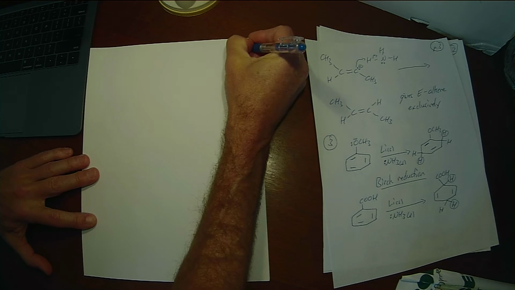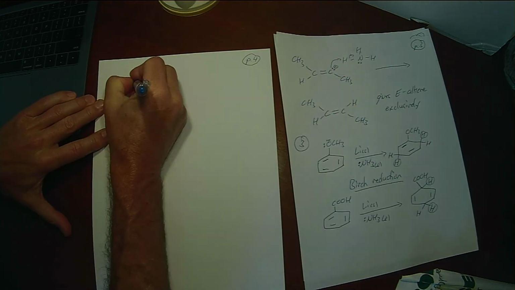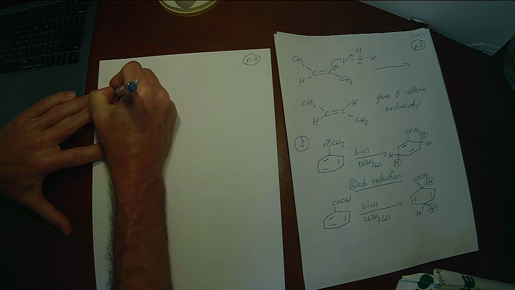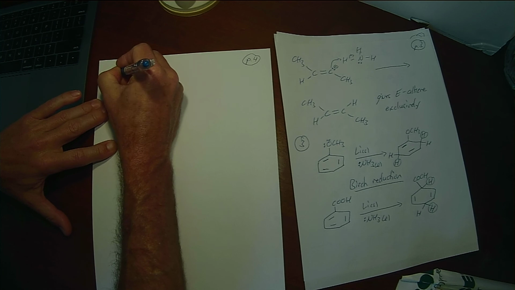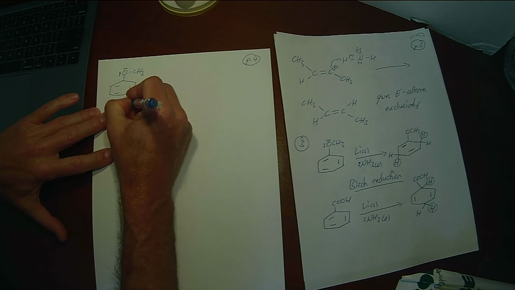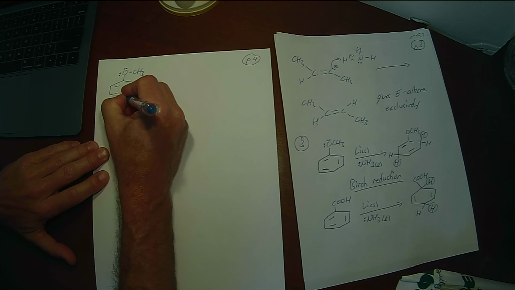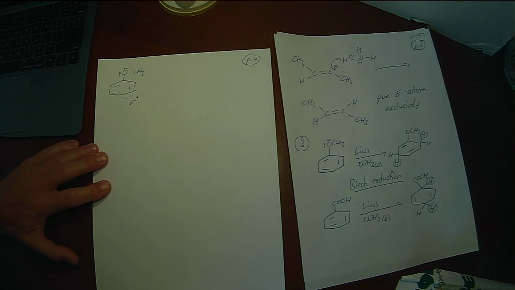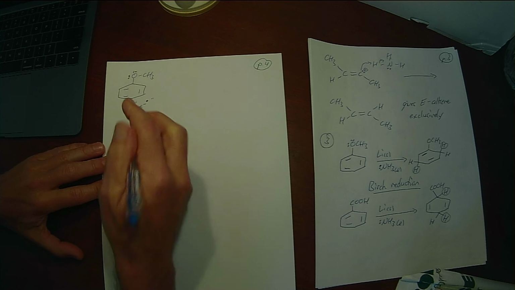So who would like to propose what's probably going to happen when we take the benzene ring and we confront it with the dissolving metal, which is basically an electron floating around in solution? I'm just going to write it as E-, but you know that that's solvated, surrounded by the ammonia.